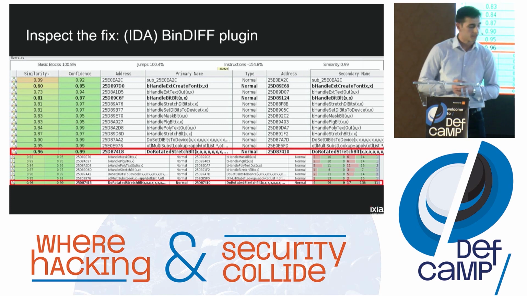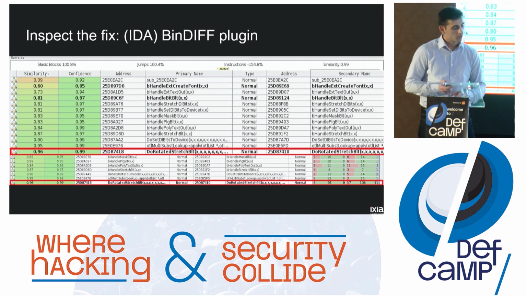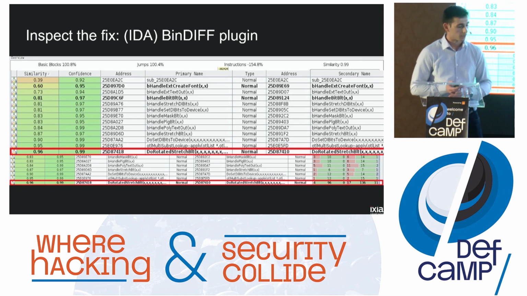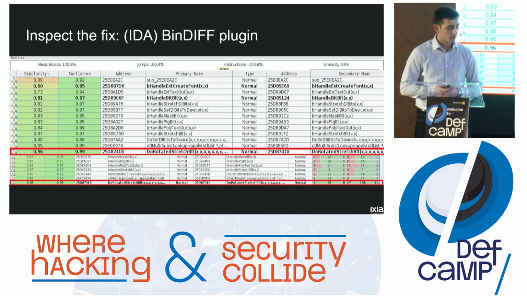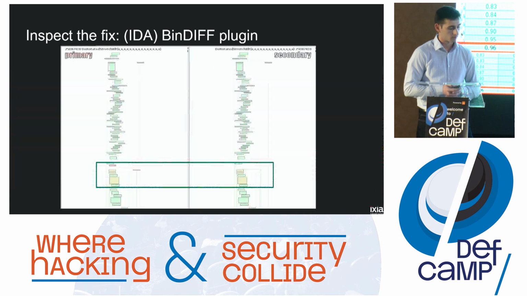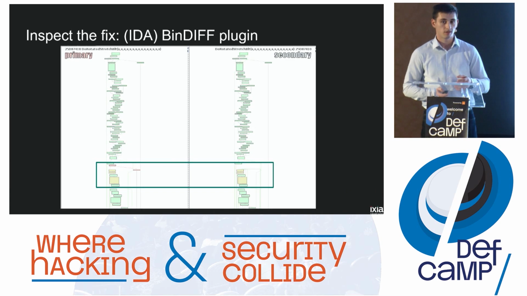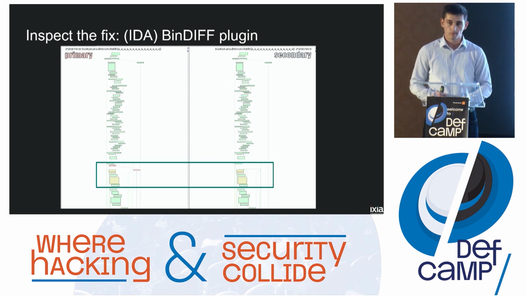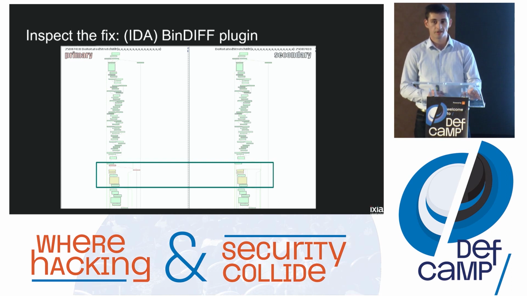Okay, so we are seeing that it's a pretty big difference, like 96%. And let's start investigating what the actual issues are. BinDiff also has this interesting functionality that allows you to see both methods, the vulnerable and the patched one, side by side at the basic block level.